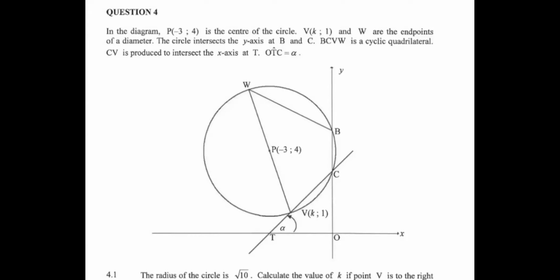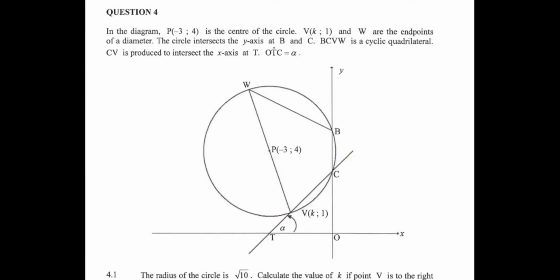BCVW is a cyclic quadrilateral. CV is produced to intersect the x-axis at T, and the angle OTC is alpha. That is the angle of inclination for the line TC.